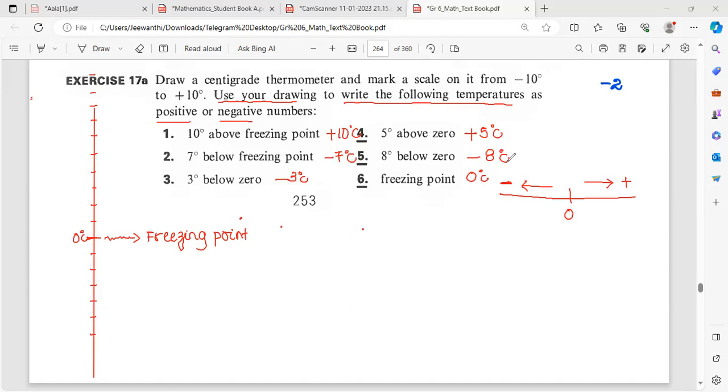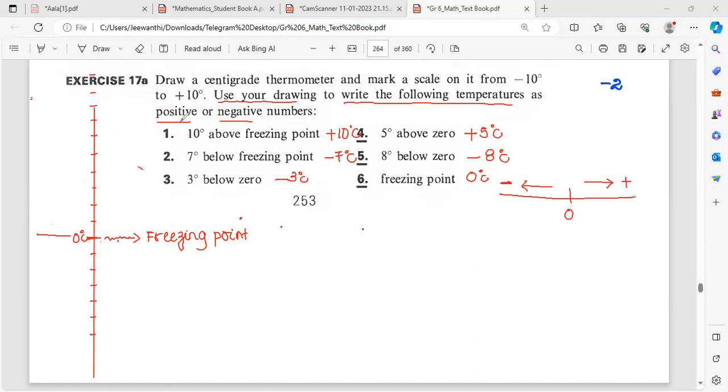You can recognize whether a number is positive or negative. What is the benchmark that we consider? The 0 level. Above the 0 it is positive, and below the 0 it is negative. So the other term they may use for the 0 level is the freezing point, right?